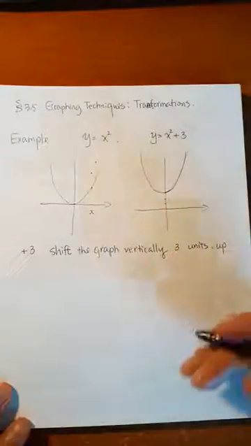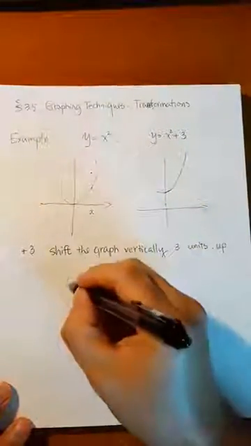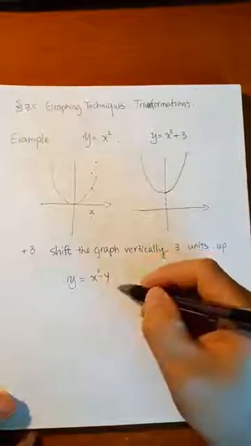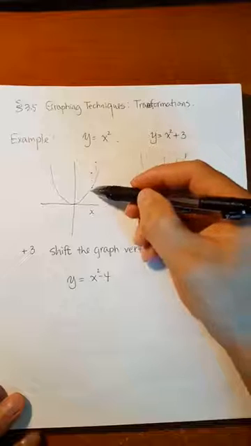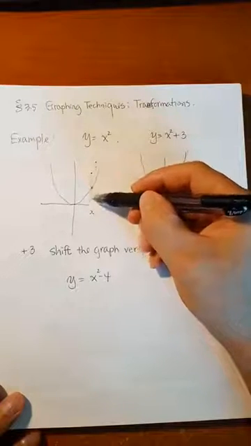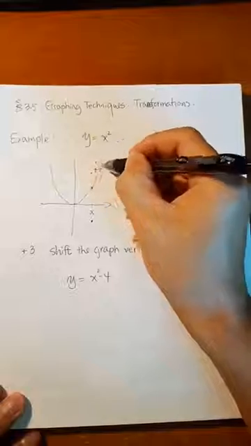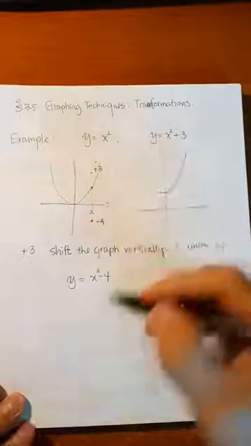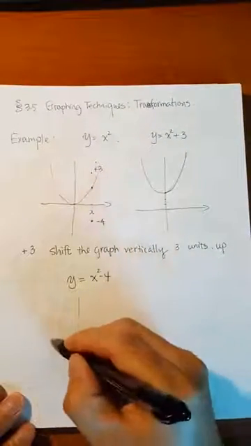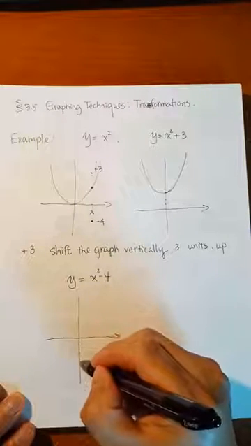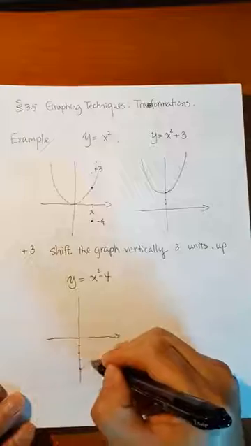And if you subtract, x squared minus 4, here you have x squared minus 4, just vertically move it down. This is a plus 3. This is a minus 4. So 1, 2, 3, 4, negative 4.